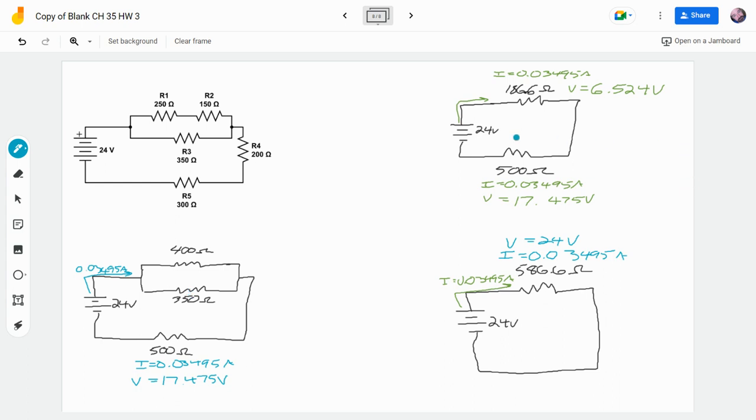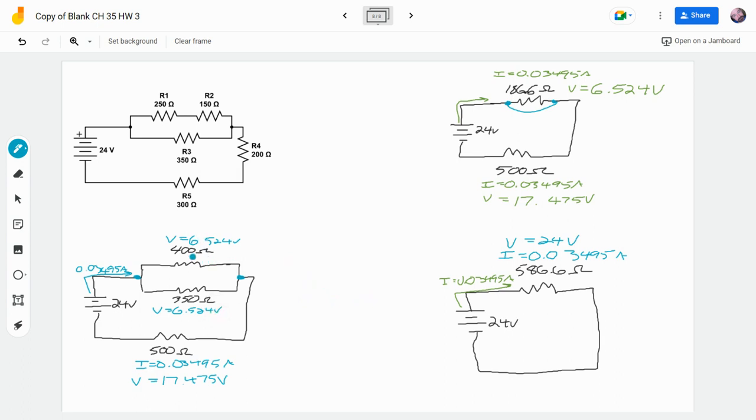What I do know is that if the voltage from this point to this point is 6.524 volts, then that's the voltage across this guy here. So this voltage is 6.524 volts, and this voltage down here is also 6.524 volts.